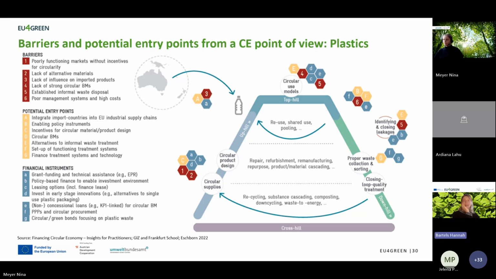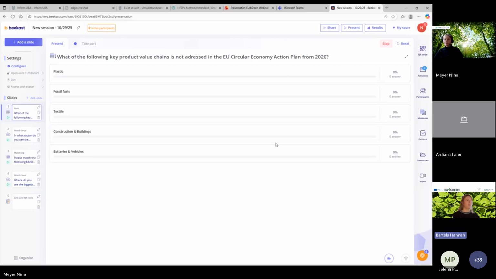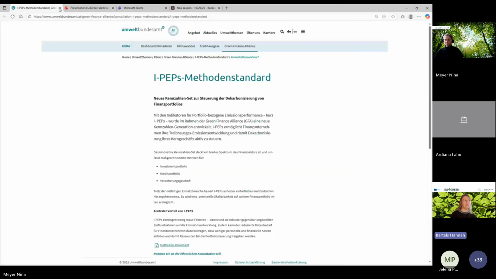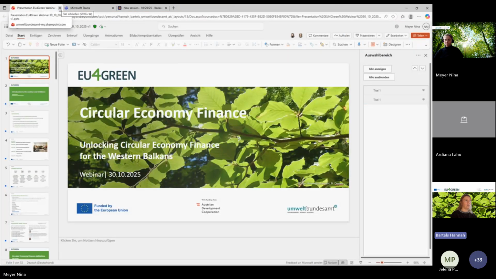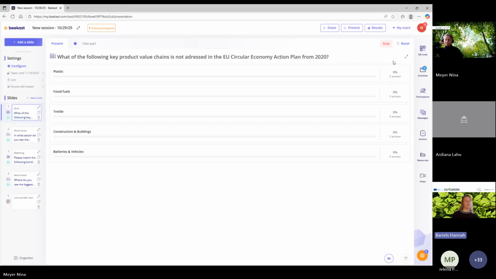On the next slide, I'm going to talk a little bit about the barriers that still exist for the uptake of CE financing. As I already mentioned before, existing market imperfections, such as not pricing in negative externalities, such as pollution, can reduce the profitability of the circular sector.